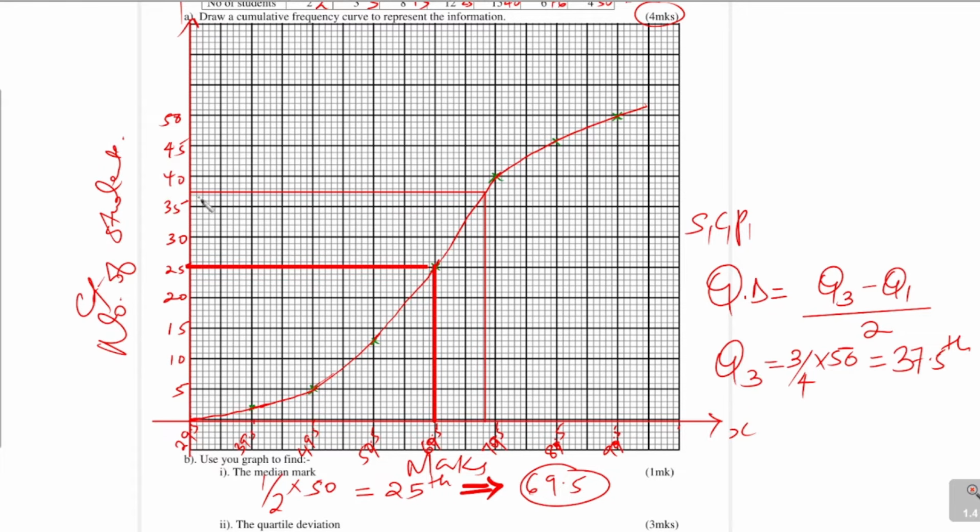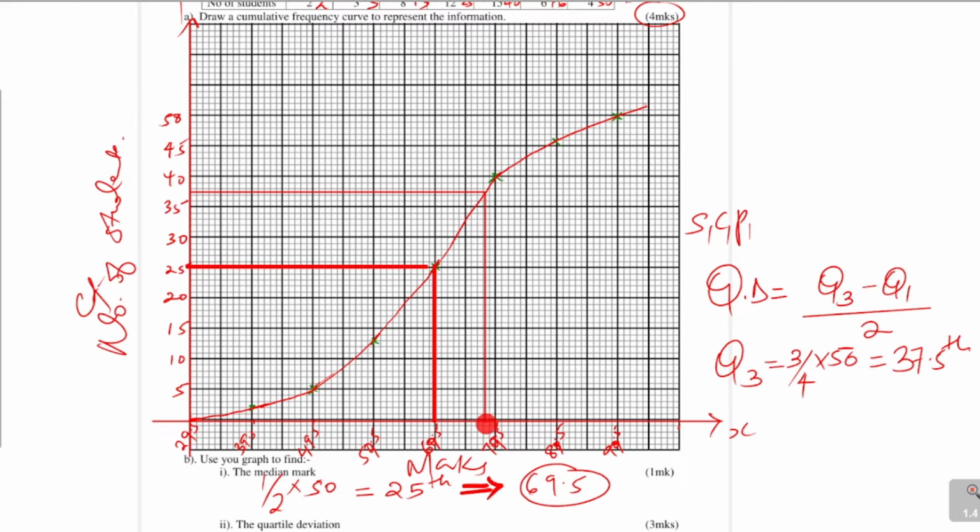So draw a straight line up to the point where it touches the curve, then straight down. The size of one small square here is 1. So we have at least 9, from 69.5.